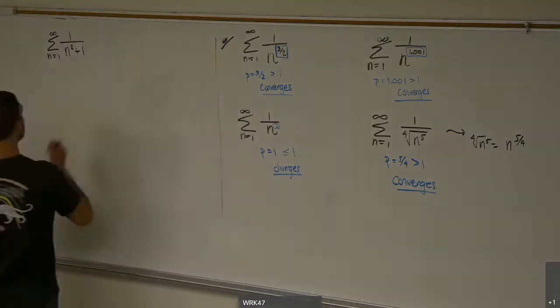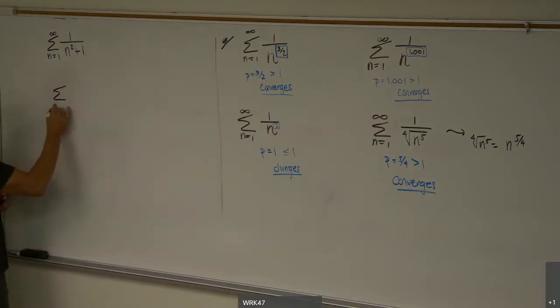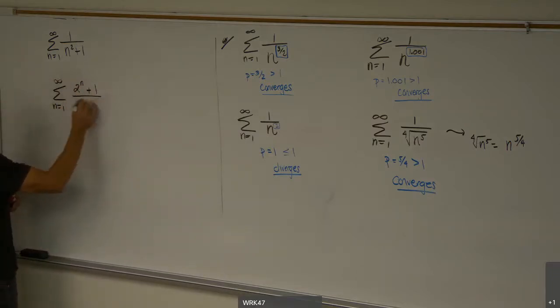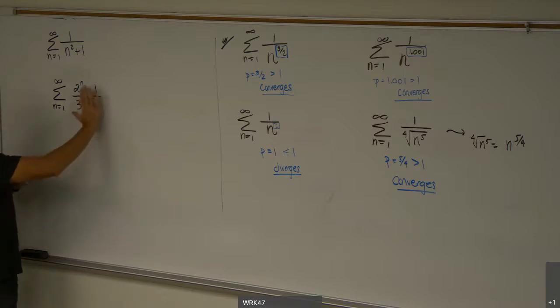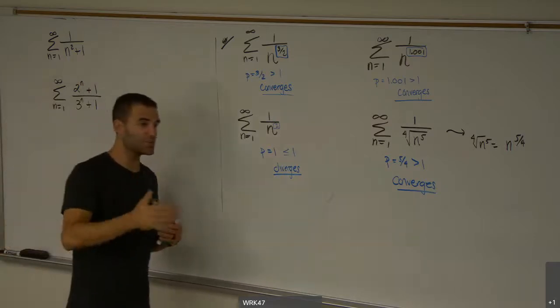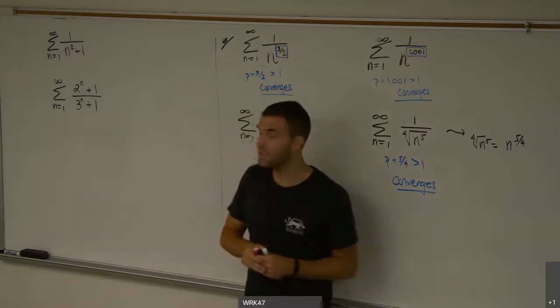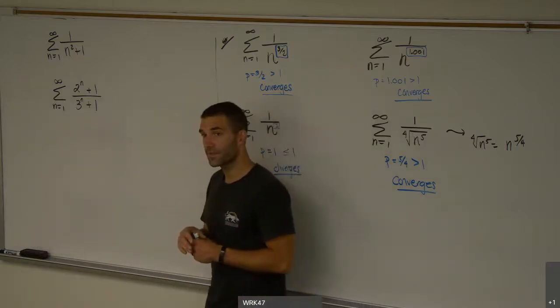Or maybe something like this. Well, this series is not a geometric series, but if I got rid of those +1s, it would be a geometric series. So it's very close to or similar to a geometric series. Why do I care?